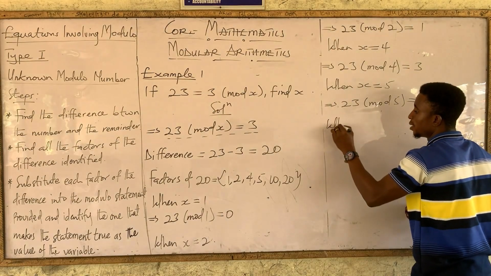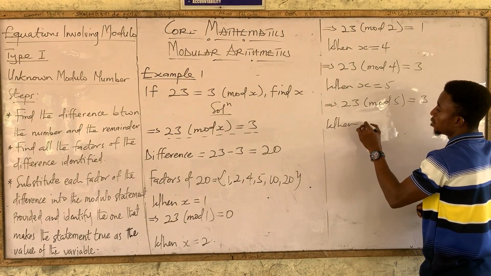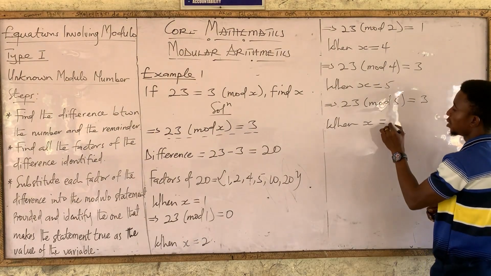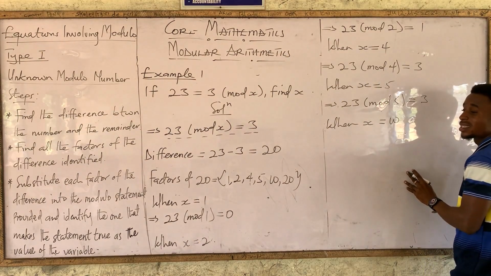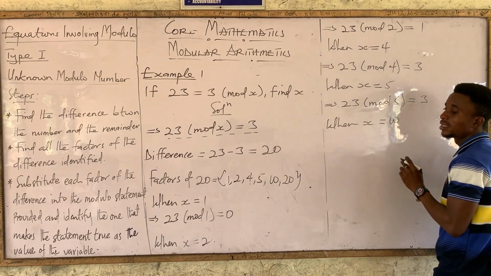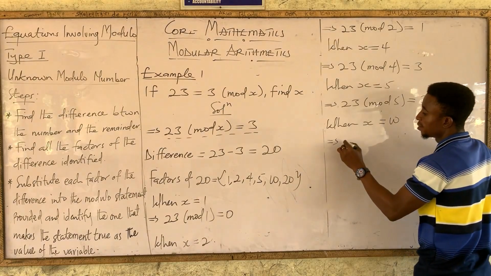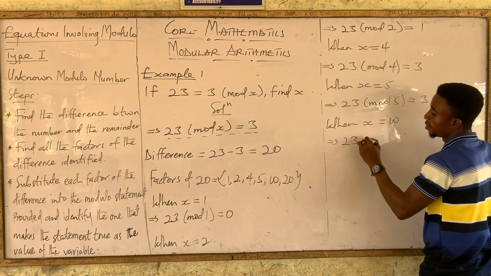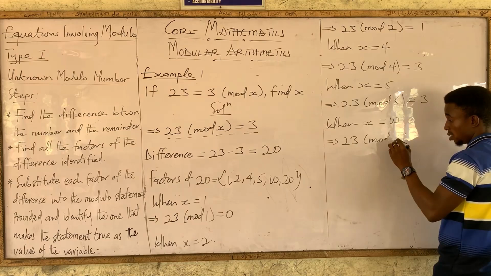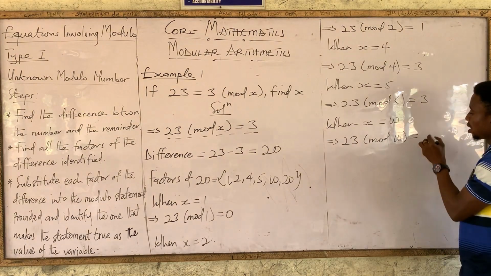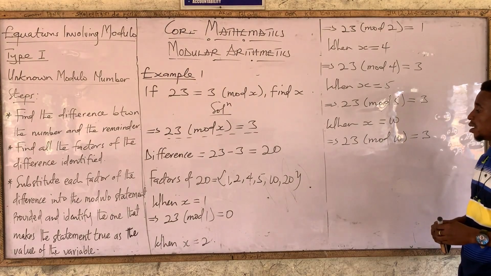Then when x is equal to 10, 23 mod 10 is equal to 3 too.